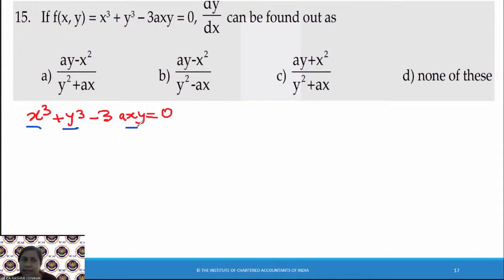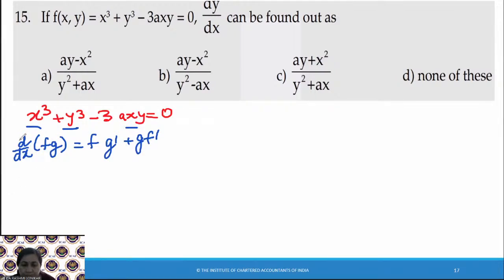But here you can see it is x into y, so you have to use the rule for multiplication. What does the rule for multiplication say? d by dx of multiplication of two functions is first function into derivative of second plus second function into derivative of first. That we will be using in 3axy.